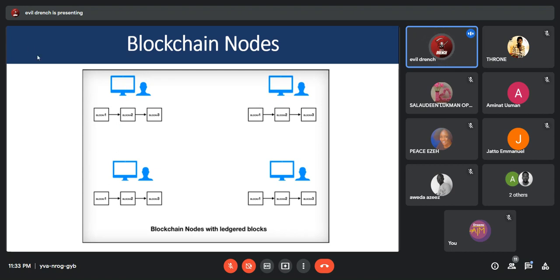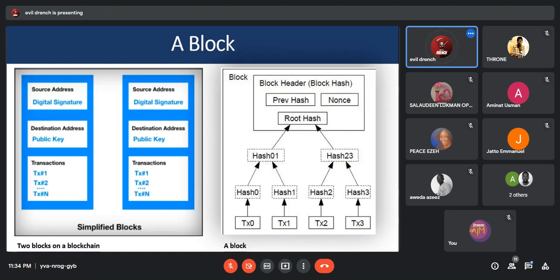If another node comes, it's going to download the information too. So the information is shared among the other nodes, and everybody has the information. So your information cannot go down, or whatever you're putting on the blockchain cannot go down. Right. So let's move to the next slide.